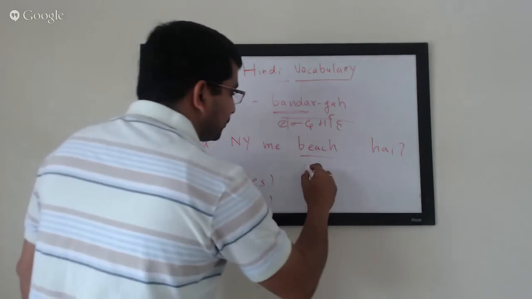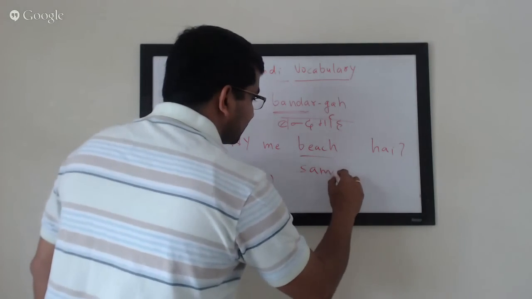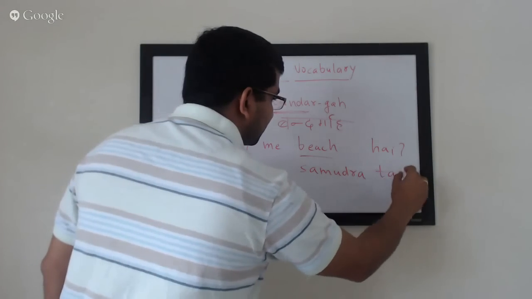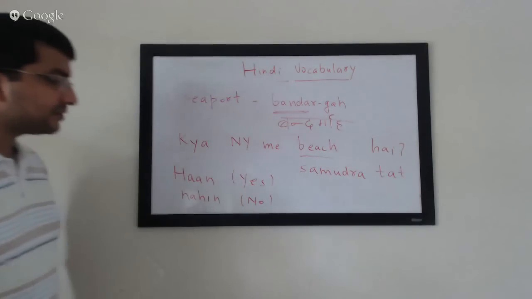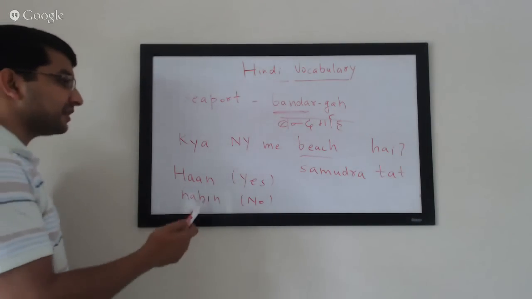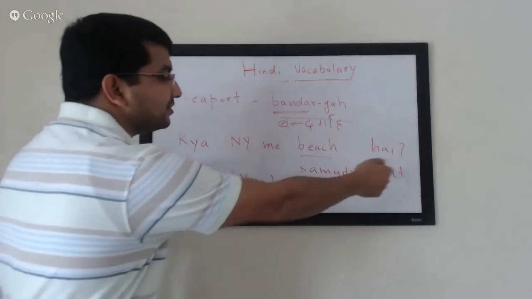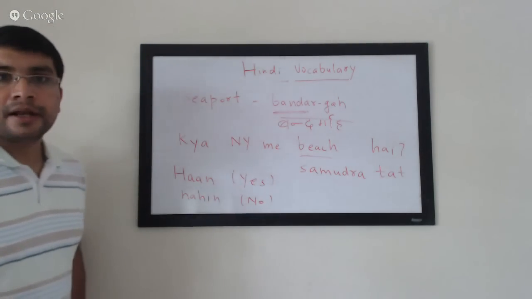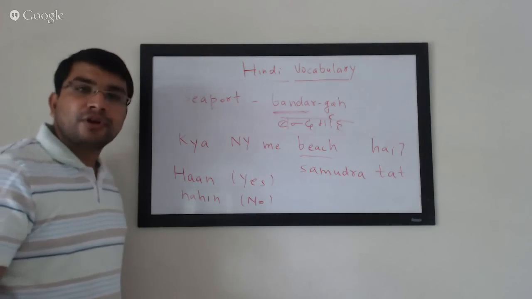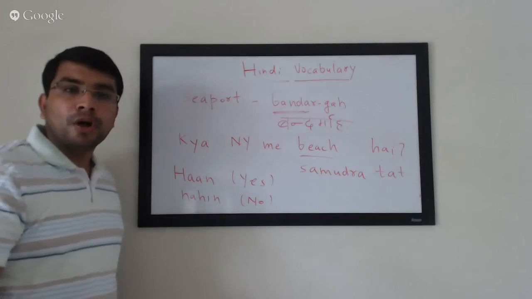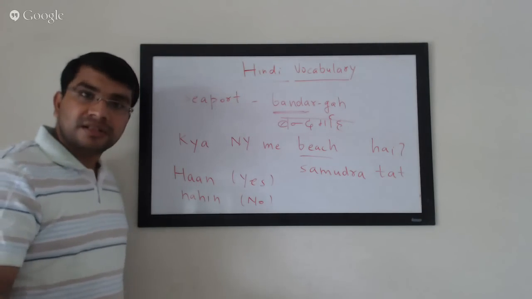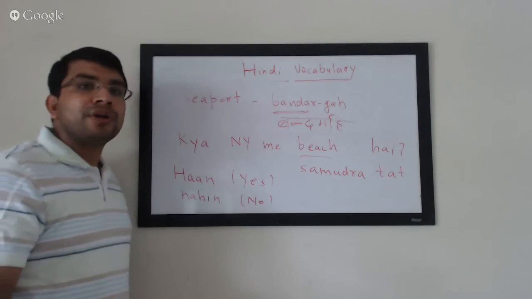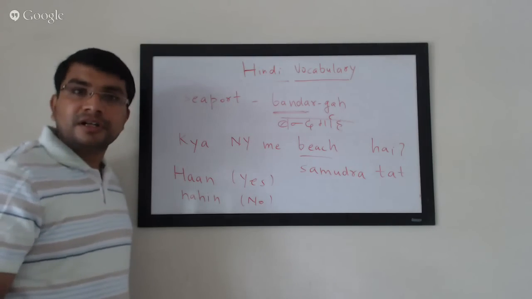Or you can say samudra तट. I know one of the panelists is from Brazil, so I can ask her this question. क्या ब्राजील में beaches हैं? क्या ब्राजील में समुद्र तट हैं? This is a question where you have to respond either yes or no. So you can say हाँ ब्राजील में beaches हैं और समुद्र तट हैं, or you can say नहीं ब्राजील में समुद्र तट नहीं है.